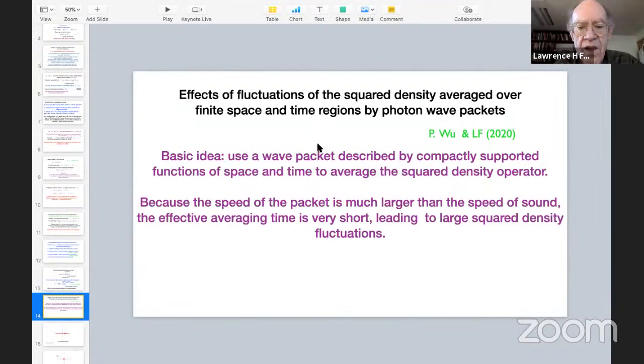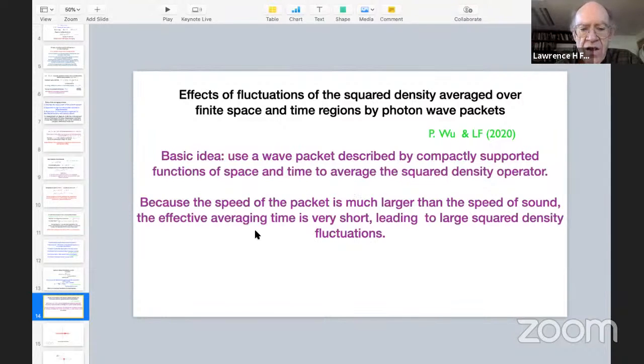So the idea is we're going to use a wave packet, which is described by compactly supported functions of both space and time, to average the squared density operator and look at the effects of that. So now we're averaging the square of a quadratic quantum operator.